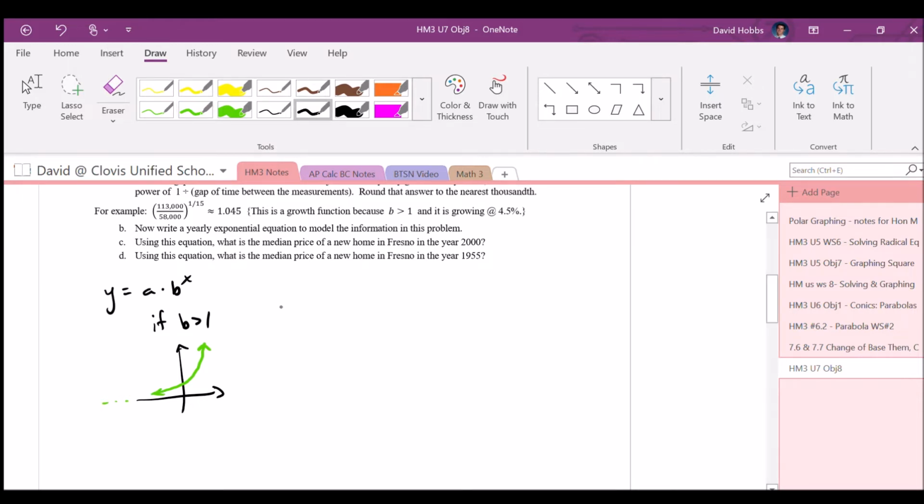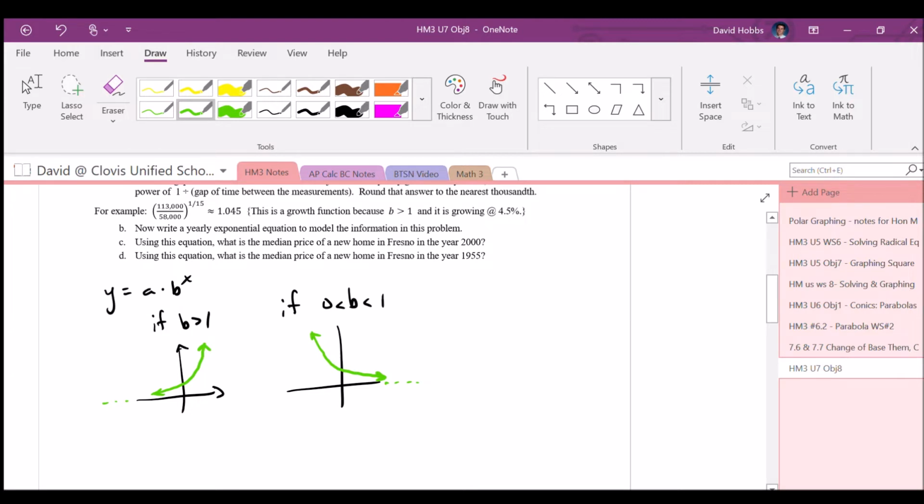And if b is less than 1 but greater than 0, then we know that it is a decay function.